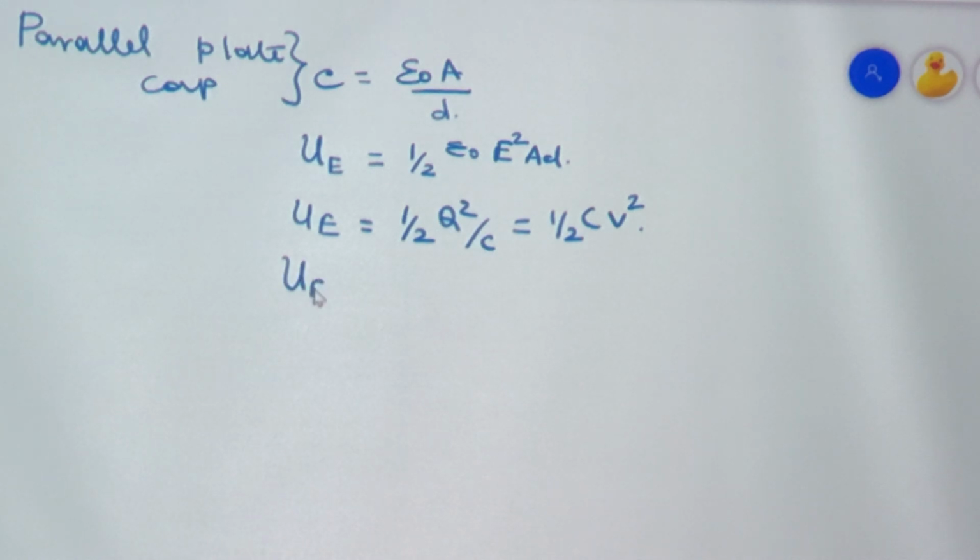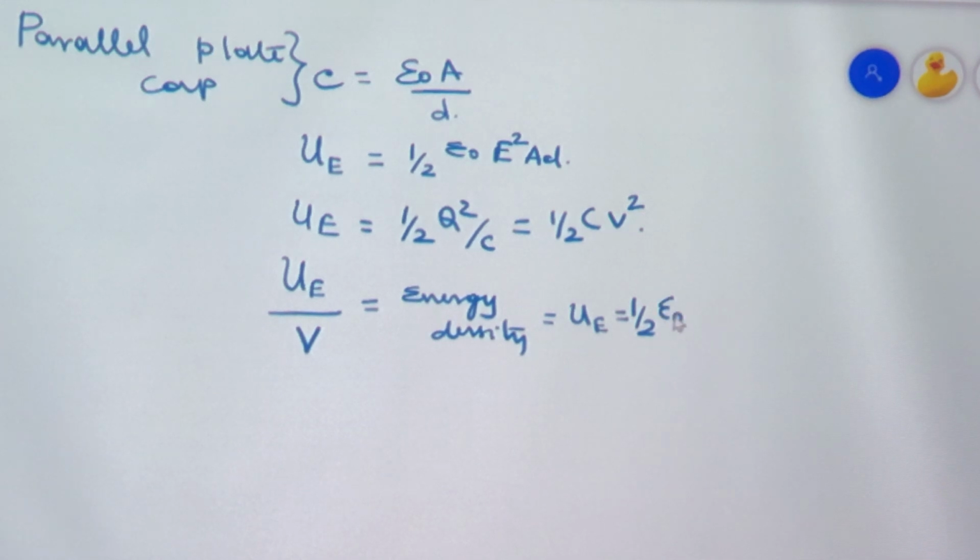Also we have stated that U divided by volume is what we call energy density. Energy density is represented by u, which is equal to half into epsilon 0 into E square.